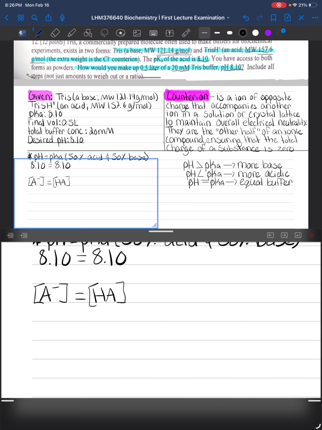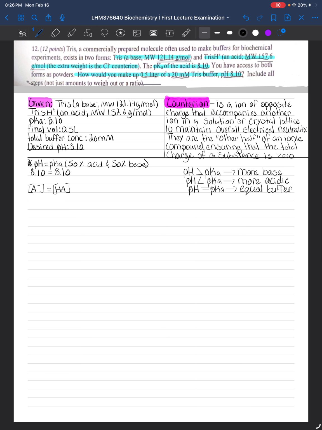And remember, HA is the base, A minus is the acid. I hope I'm not messing up. Oh, sorry guys, A minus is the base and HA is the acid.